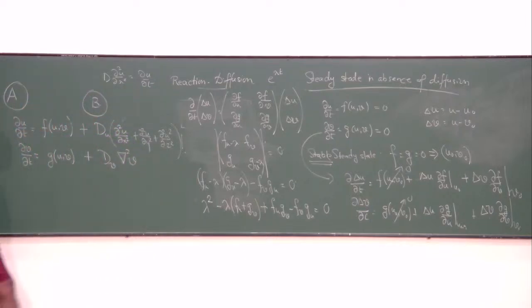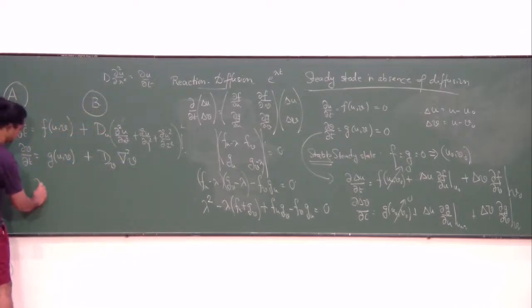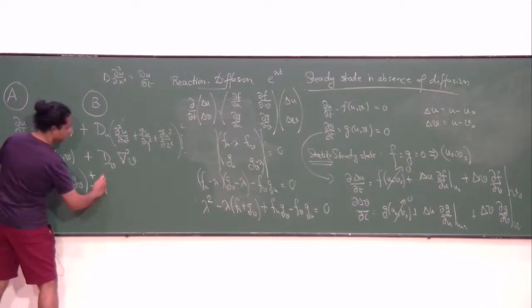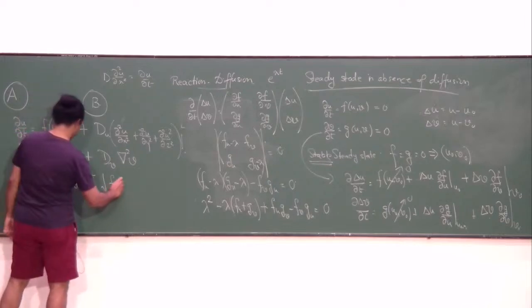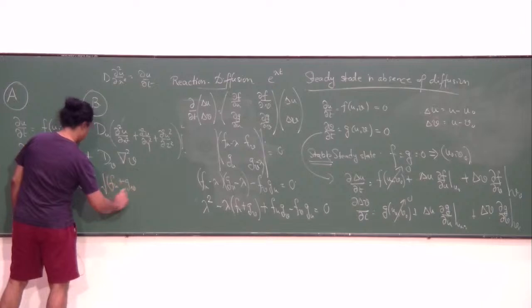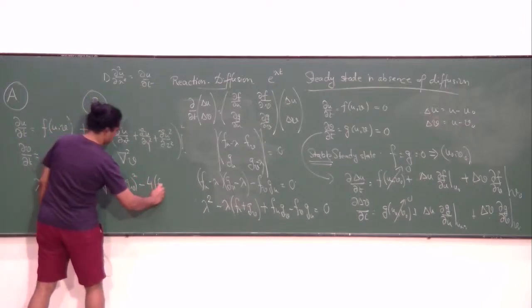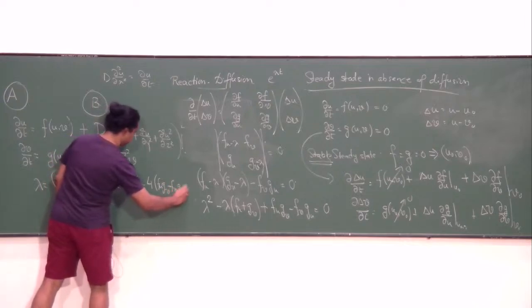This is just a simple quadratic equation in lambda, and therefore you can write down the roots. So lambda is minus b, so Fu plus Gv, plus or minus square root of b square, Fu plus Gv whole square, minus 4 times Fu Gv minus Fv Gu.